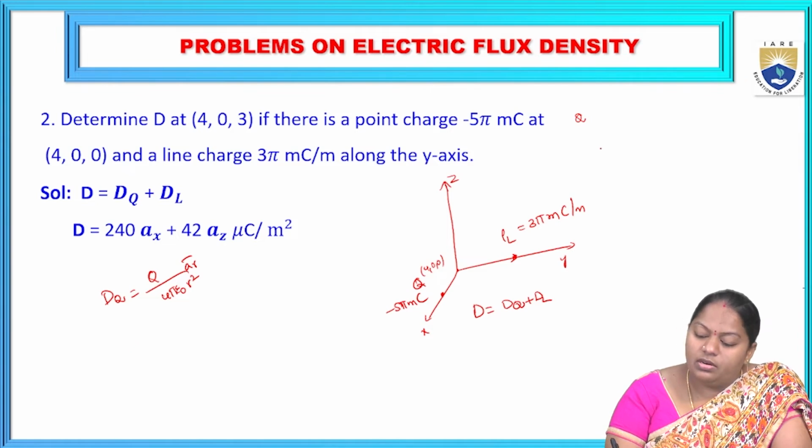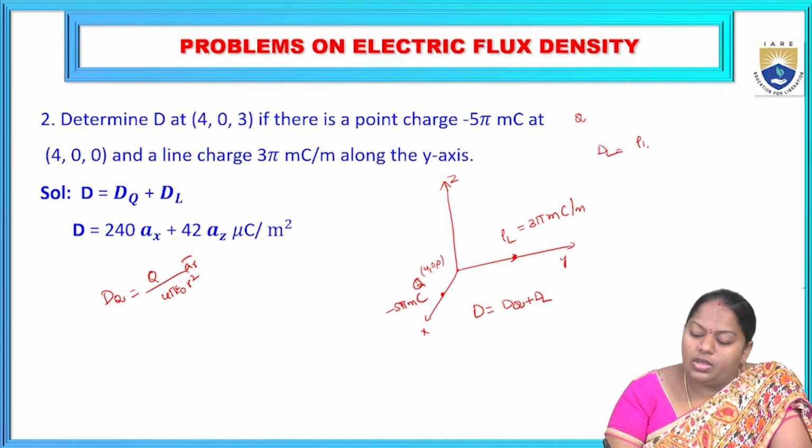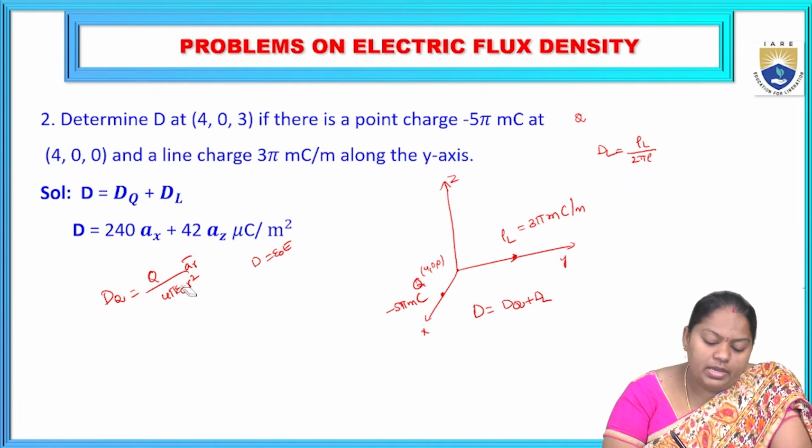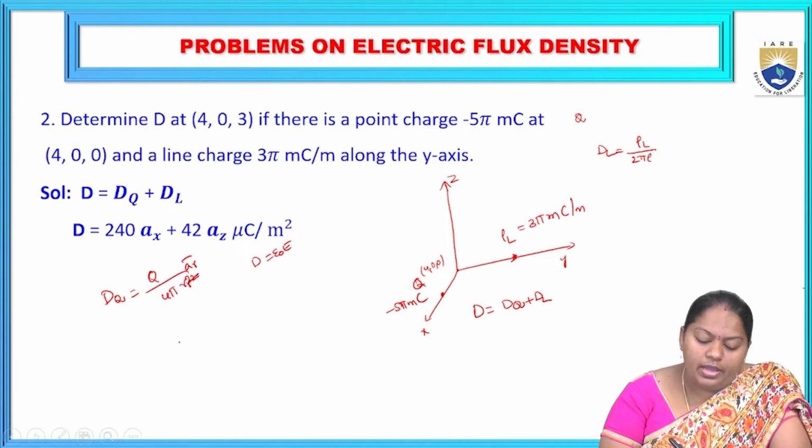And similarly Dl is given by rho L by 2 pi rho. Sorry, there is no epsilon here. Why? Because we are evaluating D, and we know that D equals epsilon naught into E. Then in place of E, if we substitute the formula related to a point as well as the line, the epsilon gets cancelled. Then D is Q by 4 pi r square into aR.